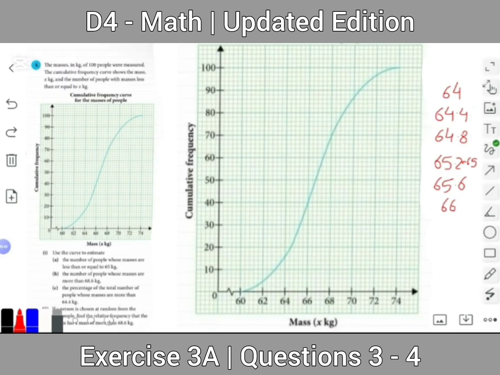So where is the 65? Here is the 64, 64.4, 64.8. Now 65.2, which is approximately equal to 65. So now we will draw a vertical line from the horizontal axis until it intersects the curve.